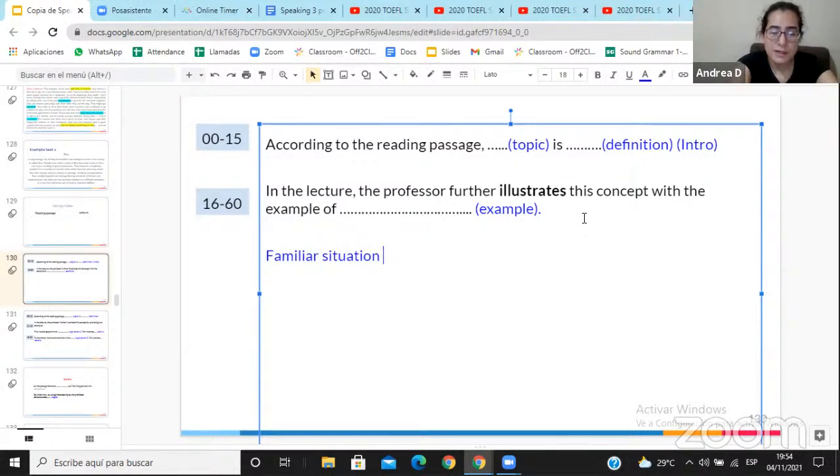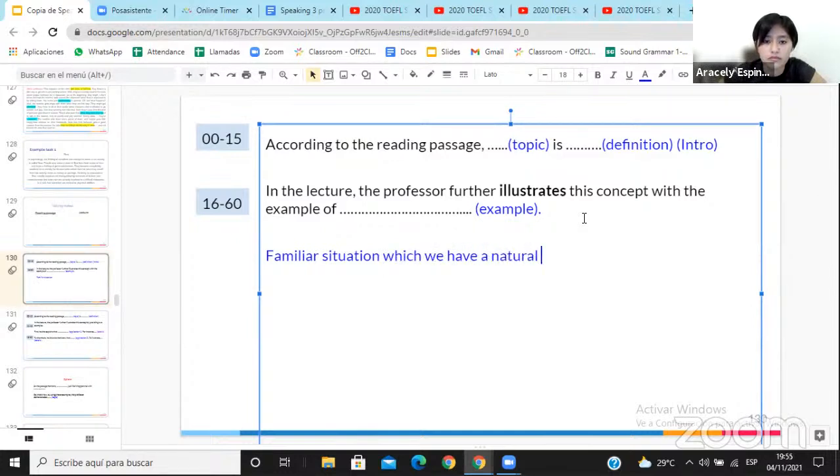What was it again? Familiar situations which we have a natural preference. Okay, so it would be great. Familiar situations which we have a natural preference, but you're missing maybe the word for. So that you can say we have a natural preference for familiar situations. In that case, it would make more sense. Because if you don't say it, it loses the meaning.